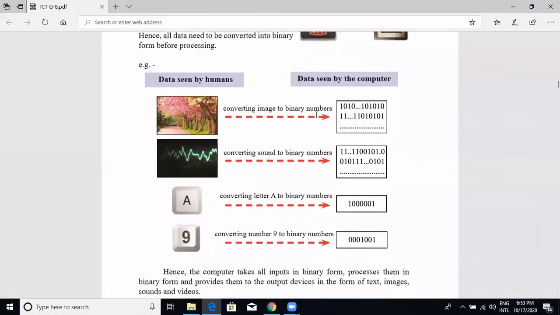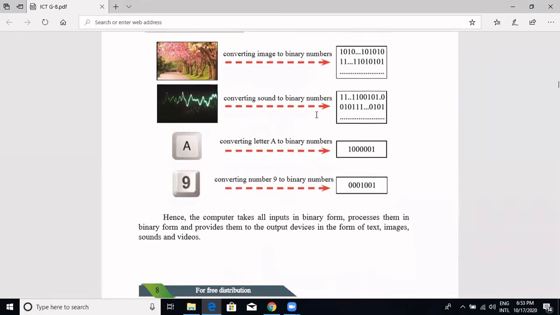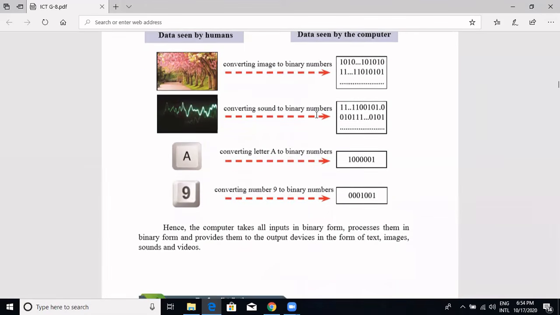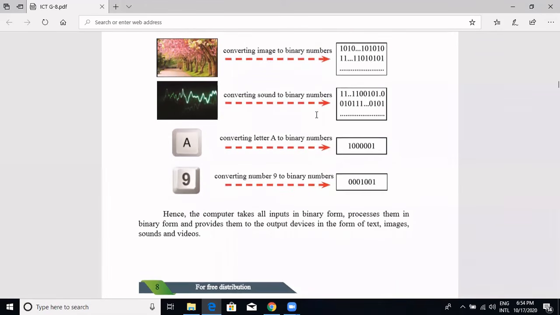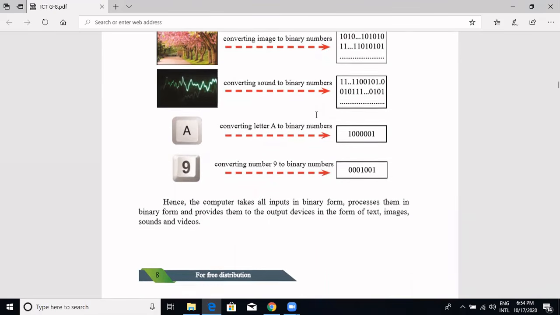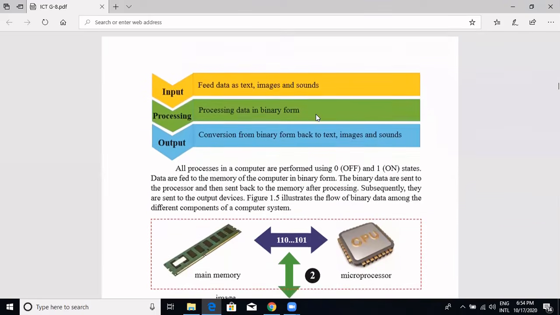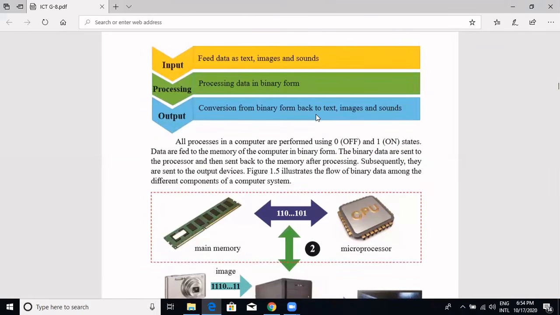The data that humans see is on the left hand side, but actually on the computer side, it will be shown as binary numbers, zeros and ones. Computers take all the input in binary form, process it, and then give the output in the correct format. Input can be text, images, sounds, anything.